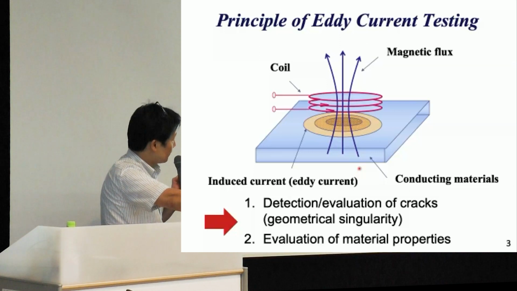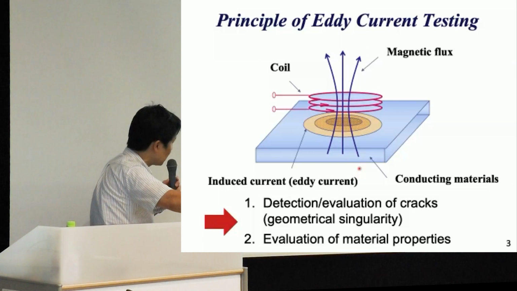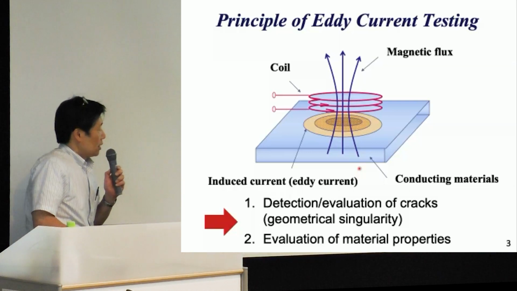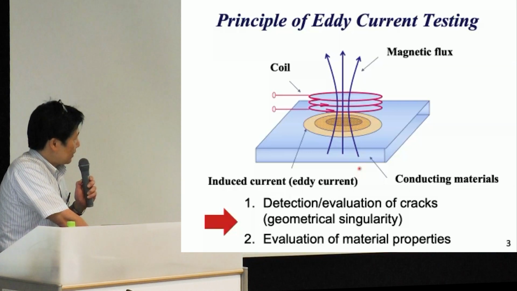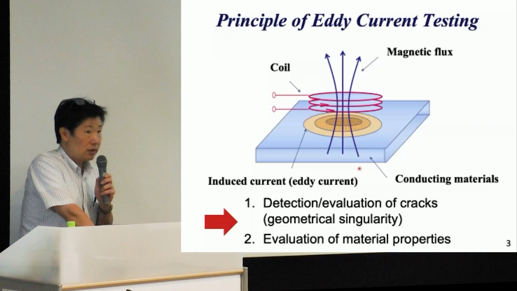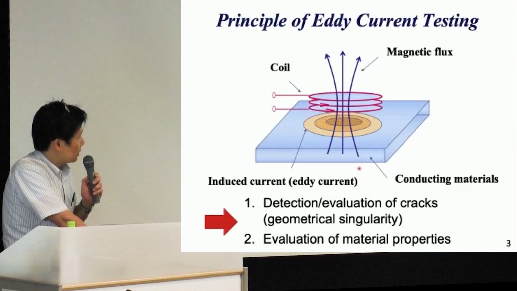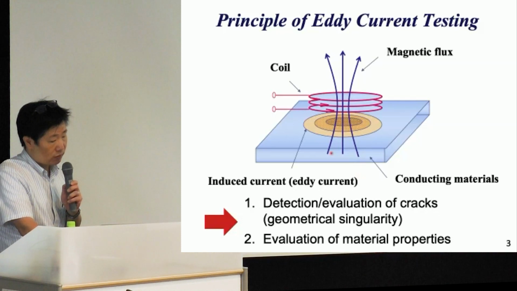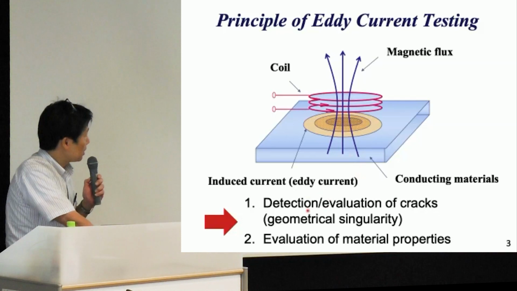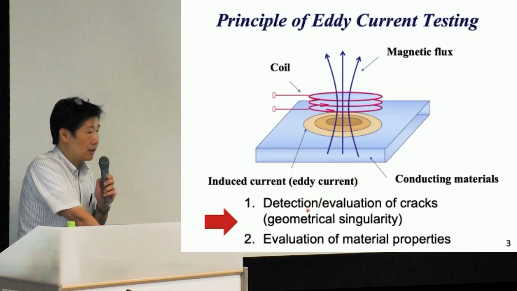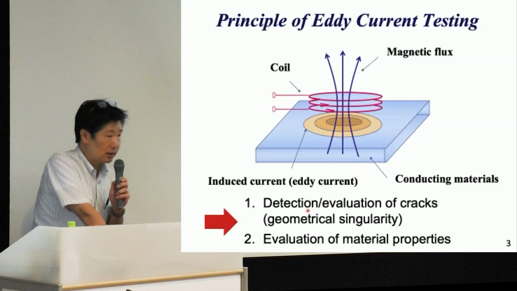This is due to the geometrical singularity of conductive material. And also, we can evaluate material property, material degradation by eddy current testing. But here, we focus on crack detection that is applied in industry now.